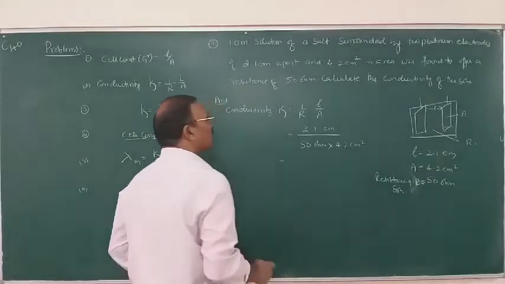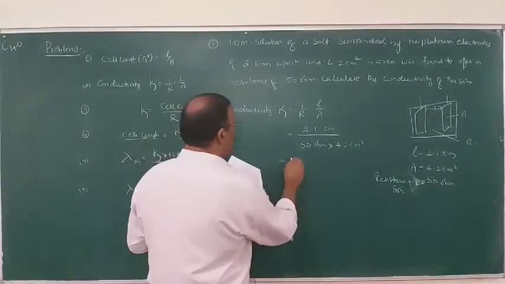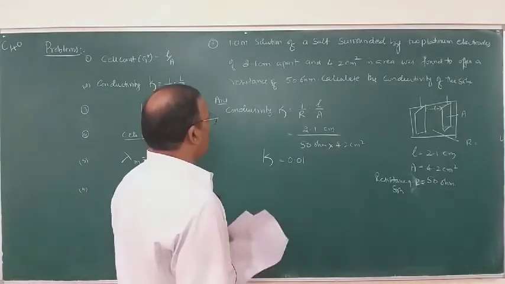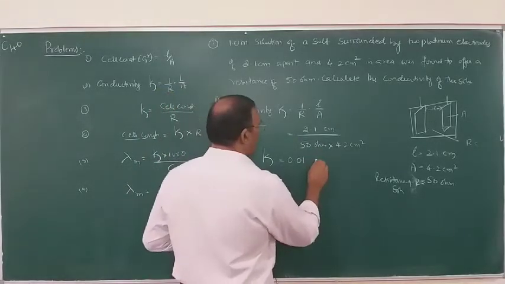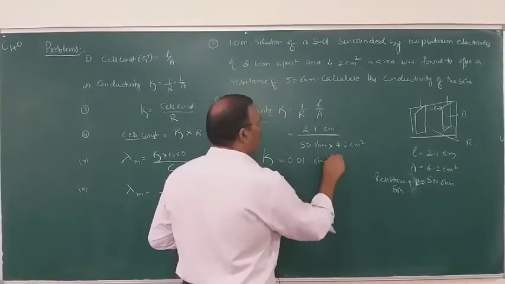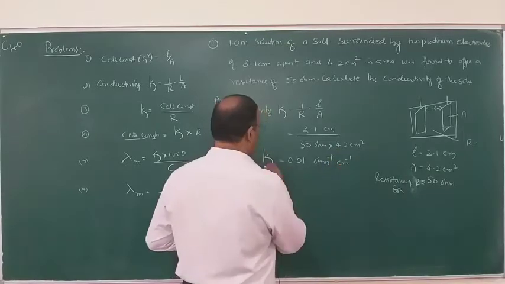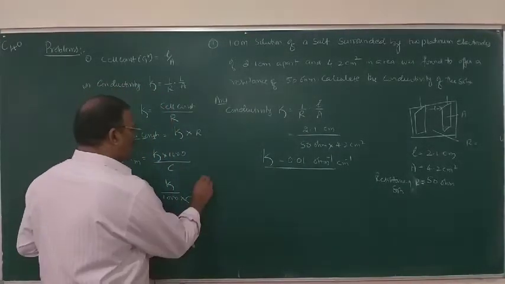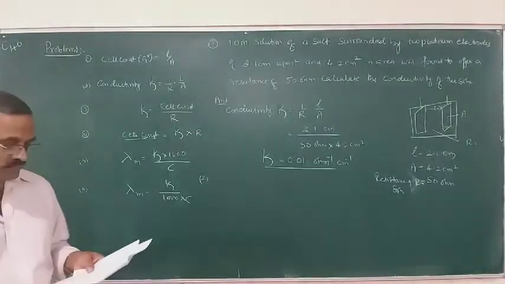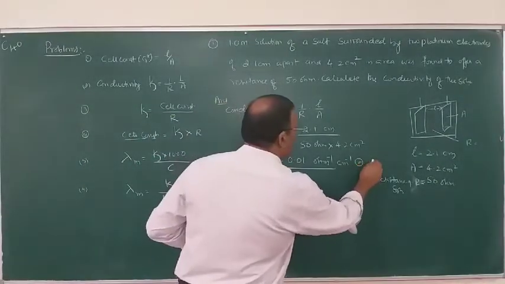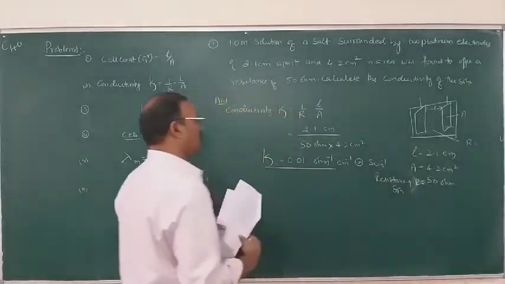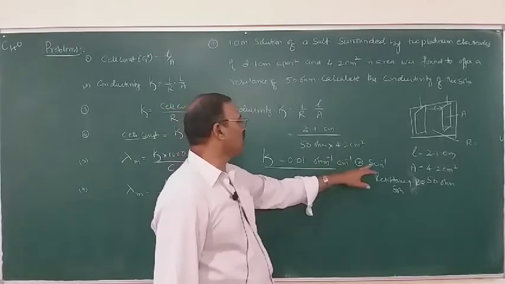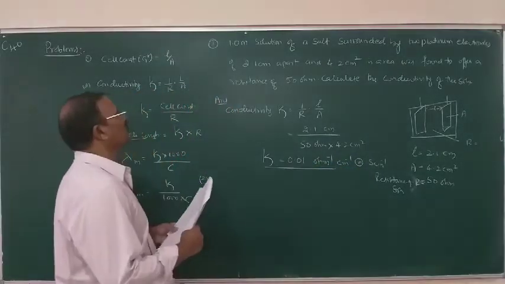If you simplify this, you will get kappa equals 0.01. What is the unit of specific conductance? Here it is ohm minus 1 centimeter minus 1, also called Siemens centimeter minus 1 in CGS unit.